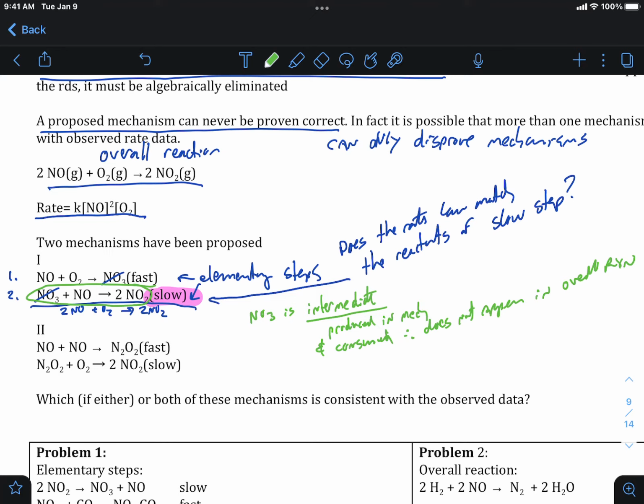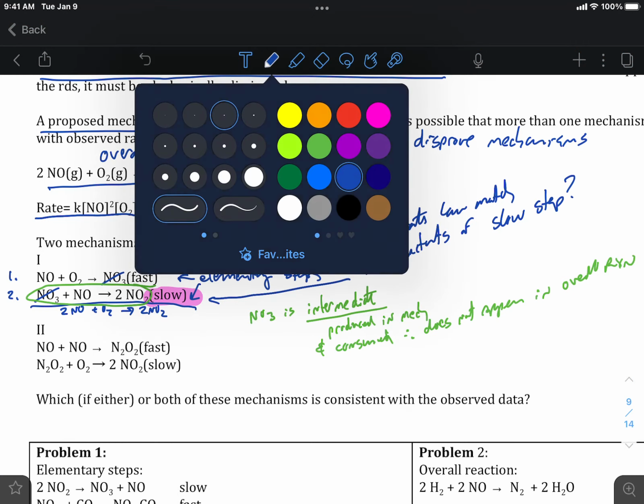So let's stop and make sure we understand that. Anytime you see a series of steps and there is something that is made in one step, but then it is broken up in a following step, that is called an intermediate. Look at this second reaction here. You guys see how N2O2 is made in the first step, but it is consumed in the second step? That is also an intermediate.